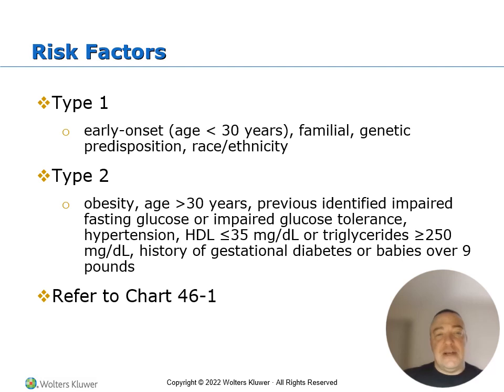So, risk factors. Type 1 and LADA is starting, they're saying, at 30 years of age and younger, with family and genetic issues. Of course, all disease processes are prejudiced against everything, so therefore, your ethnic groups and things of that nature.